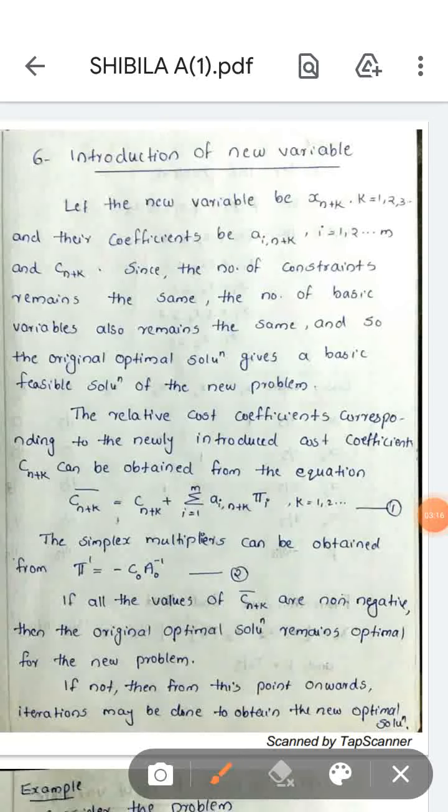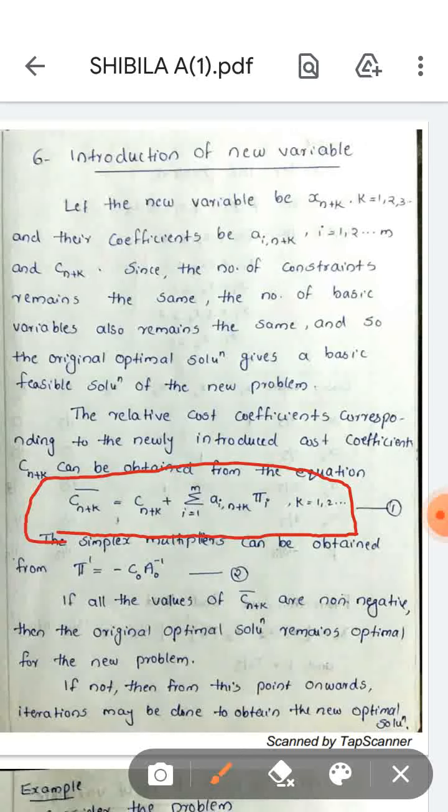The relative cost coefficient corresponding to the newly introduced variable x(n+k) can be obtained from the equation c(n+k) bar equal to c(n+k) plus summation i equal to 1 to m of a(i,n+k) pi i.